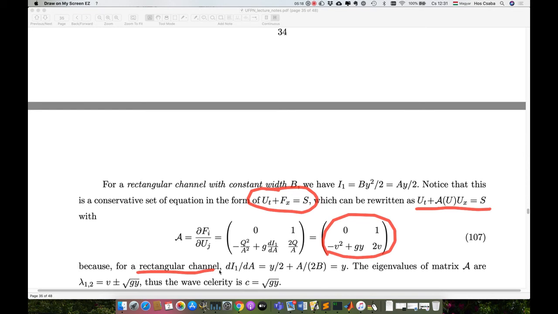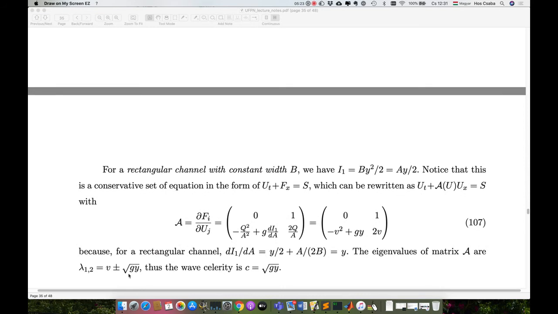And then again you compute the eigenvalues of this matrix and you'll get these eigenvalues, out of which we see that the wave celerity in a rectangular channel is the square root of g times y. I'm not giving you here the details of the calculations, it's rather straightforward. You see here that you have q squared over A squared, this is v squared.